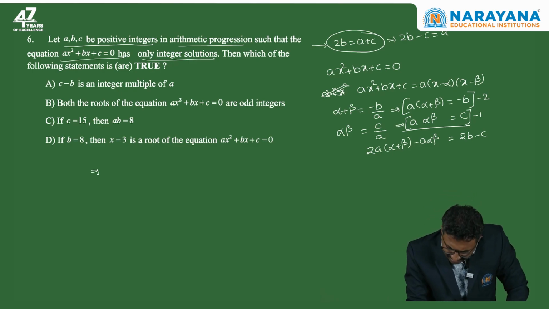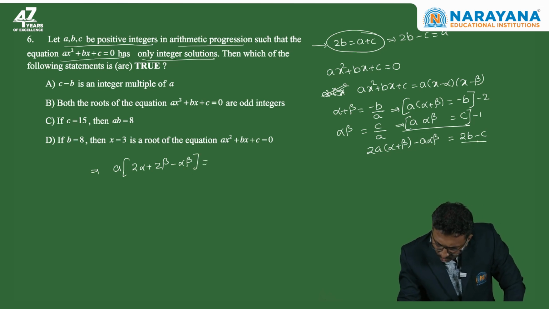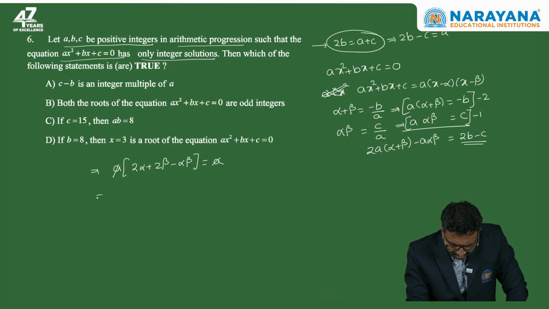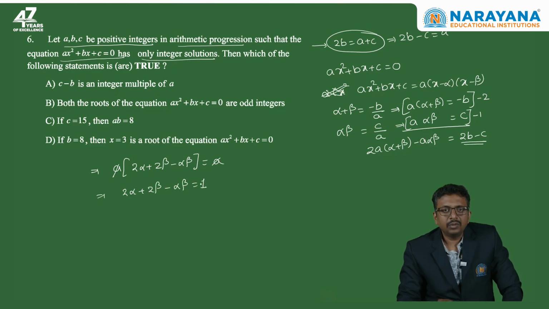So this implies a times 2 alpha plus 2 beta minus alpha beta is equal to 2b minus c, which is turning out to be a, right? So this a and this a get cancelled. So you get 2 alpha plus 2 beta minus alpha beta is equal to 1.